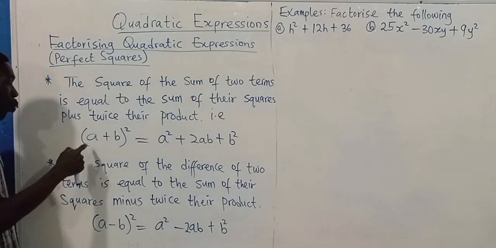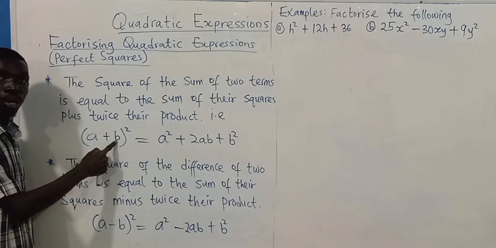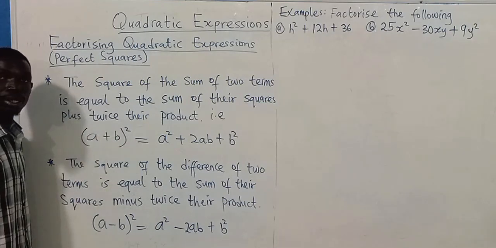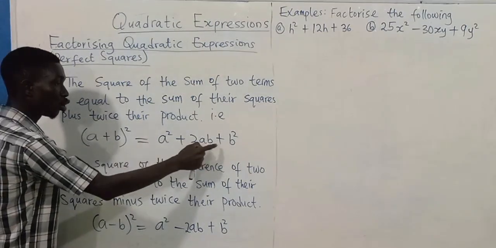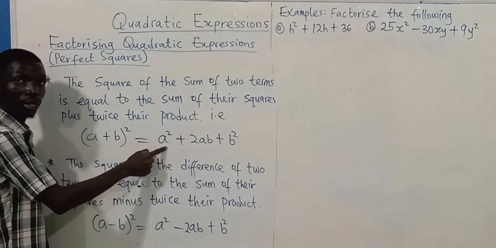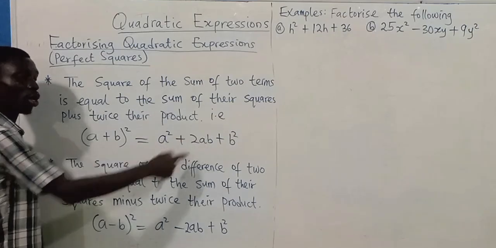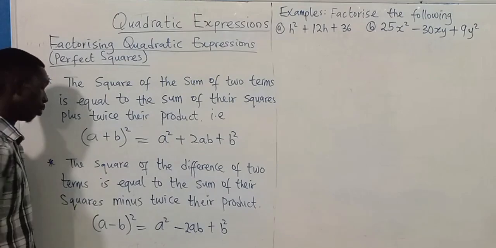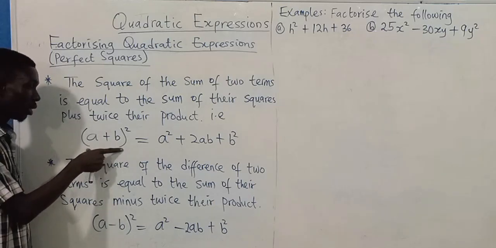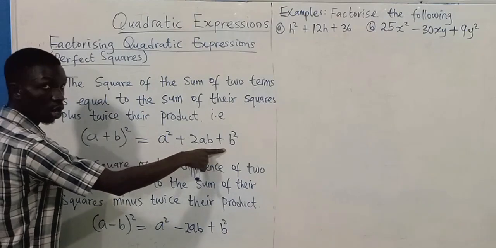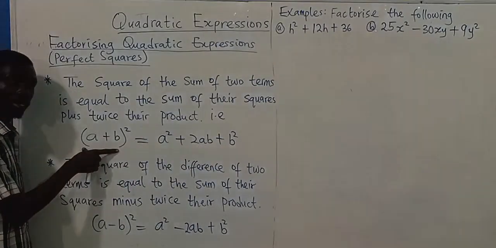That is, if we have the sum of two terms all squared, then our result will be the sum of the squares of each of the terms plus 2 times the product of the terms A, B. If you expand this, as we did in our previous classes, you are going to get this result. That implies if we factorize this, we are going to get this.